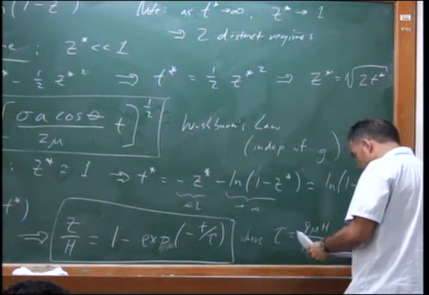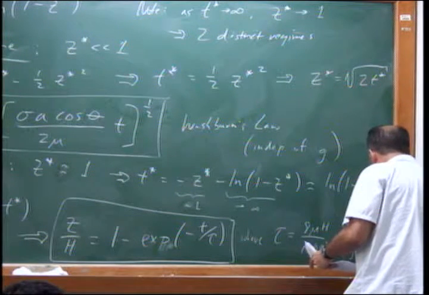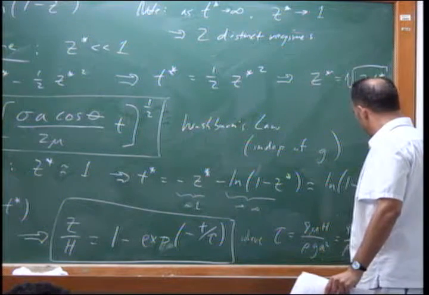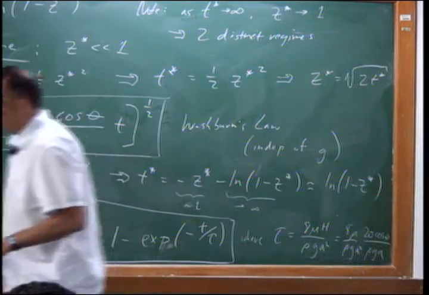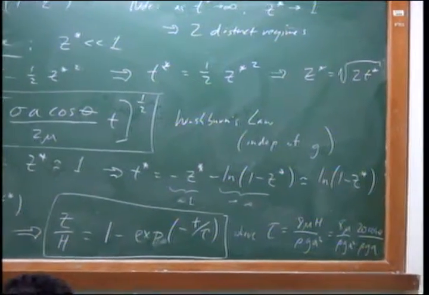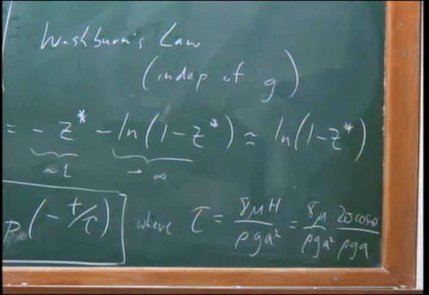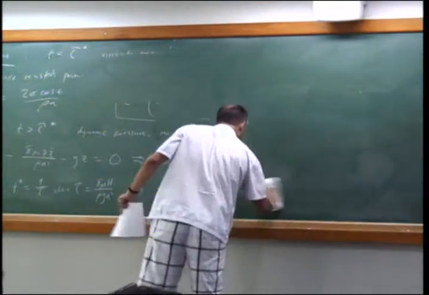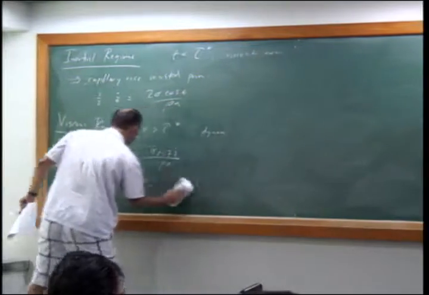And if we... two sigma cos theta over rho g a. Okay, so then we see this exponential. So if we summarize these three regimes, we can see three different stages. So we're getting an exponential decay in the latter stage. So we went from linear, the displacement of the front being linear in time, to square root of time, to exponential.